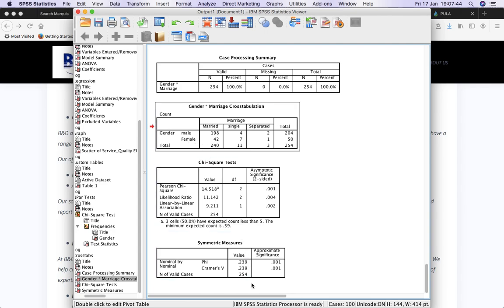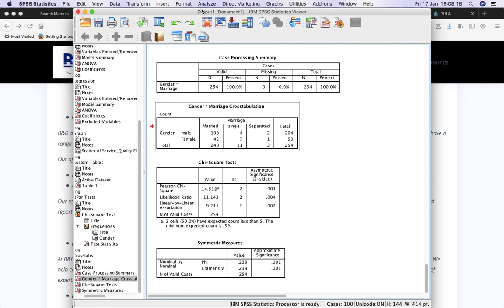So a male is likely to be married compared to a female. The chances of a male getting married are 23.9% higher compared to the chances of a female getting married. So I think that's what is meant.